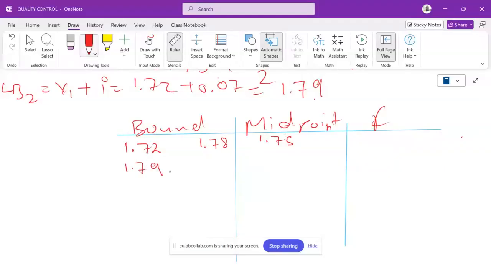You grab your calculator: 1.79 plus 0.07, then you're going to get 1.86. Then you say again plus 0.07, you're going to get 1.93. Enter, you're going to get 2.